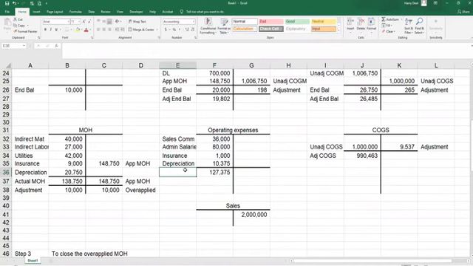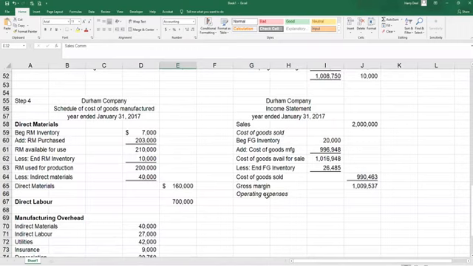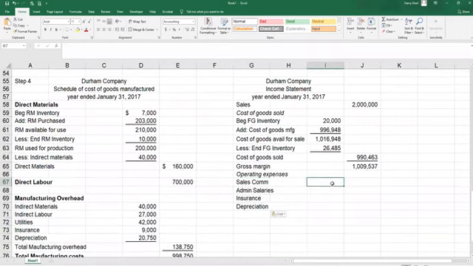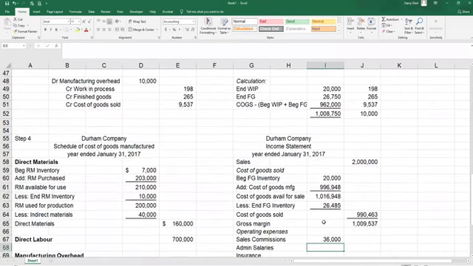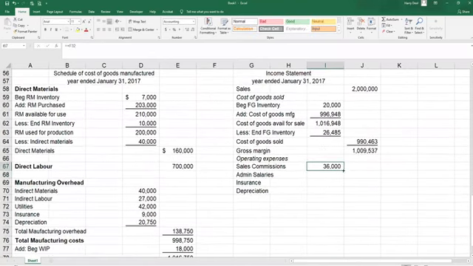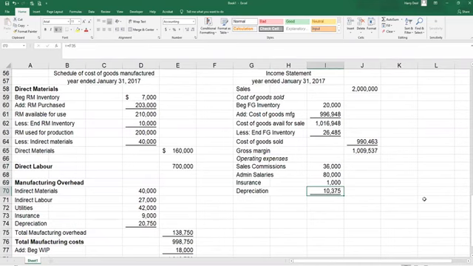So that's the total. And that total is made up of these four items: sales commissions, $36,000, admin salaries, 80,000, insurance and depreciation respectively.